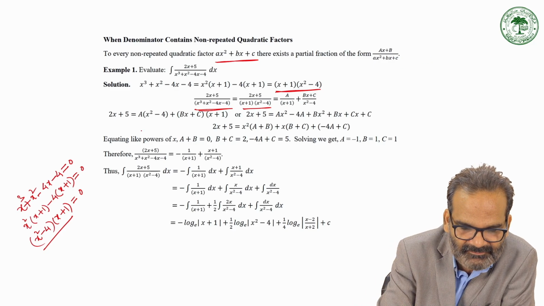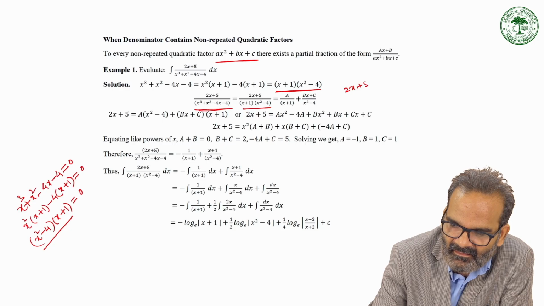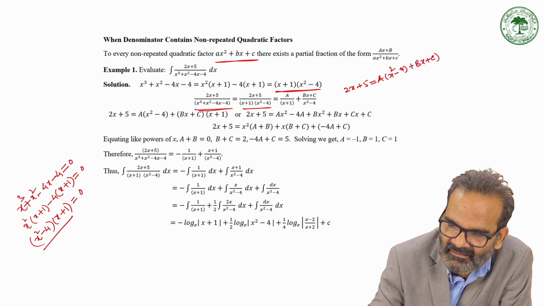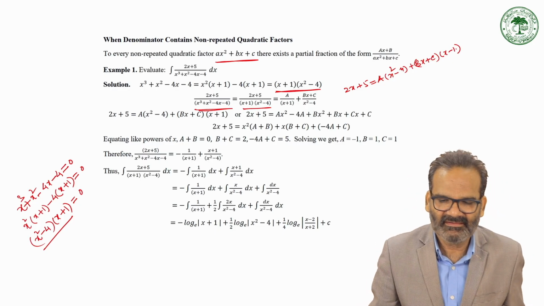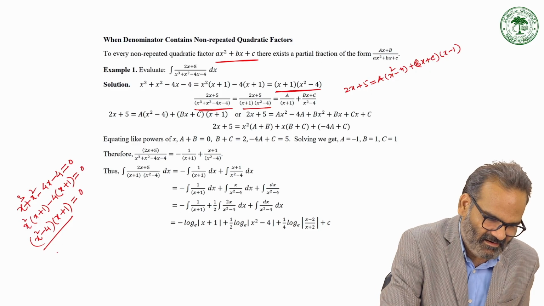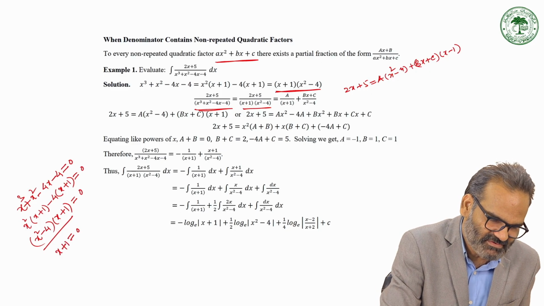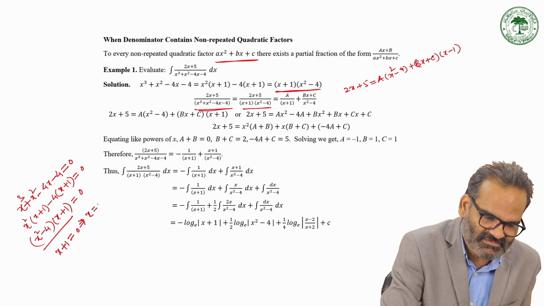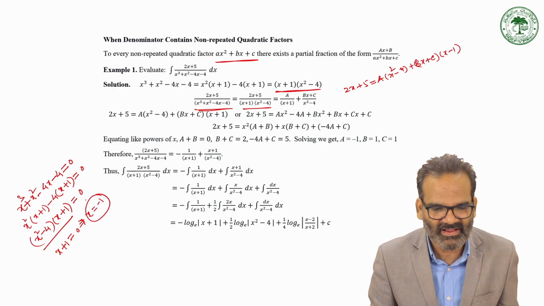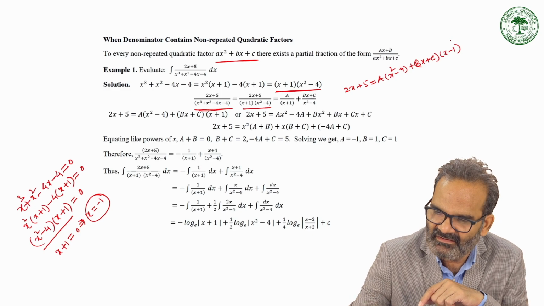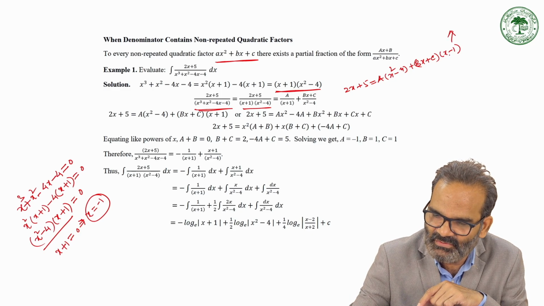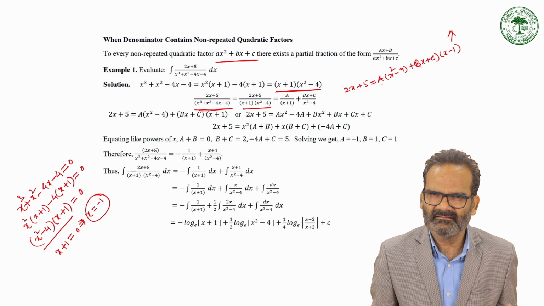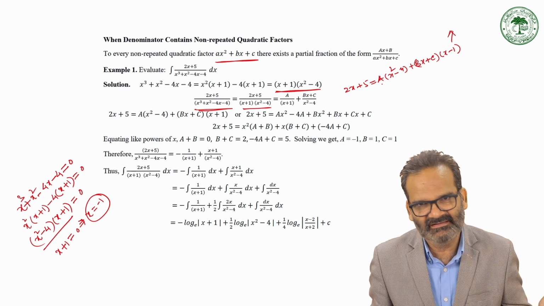This is our equation: 2x plus 5 is equal to a times x square minus 4, plus bx plus c multiplied by x plus 1. So see what will happen here. x plus 1 is the factor, right? This is equal to 0. So this implies put x is equal to minus 1. If you put x equal to minus 1 in this equation, this will become 0. You will get the constant a, right?